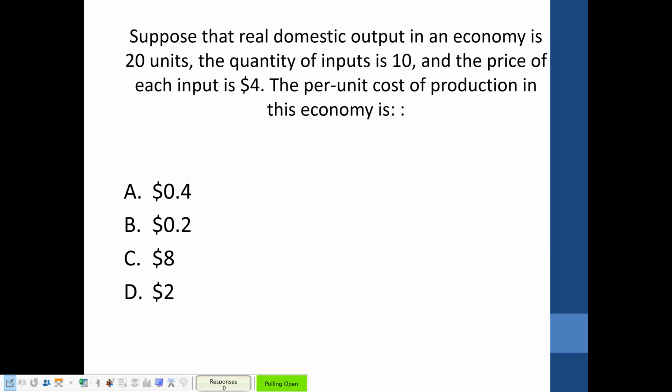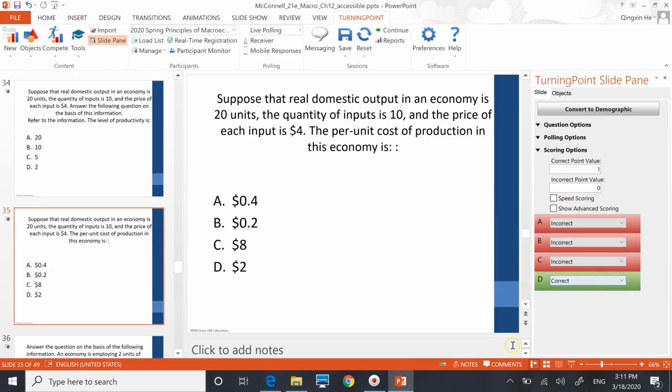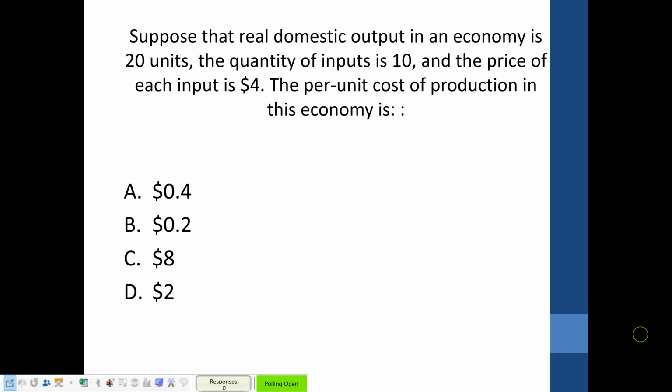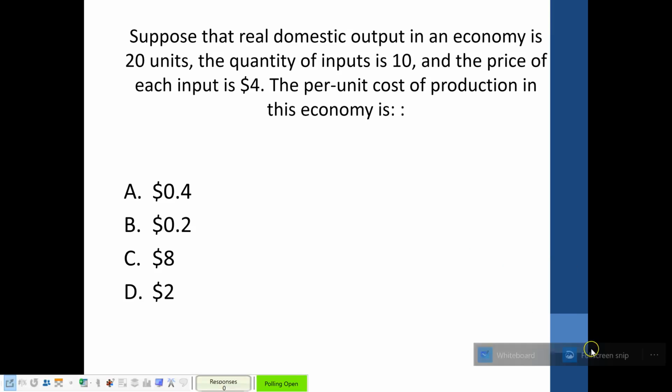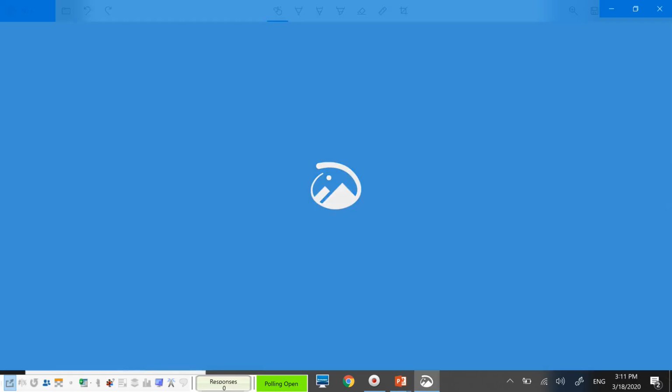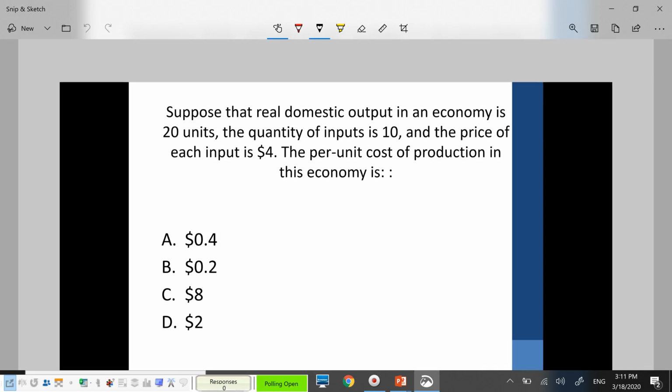This one, pause. And now let me explain. The answer to this one is option D. How to solve that one? We're using the formula. The per unit production cost formula is total production costs as numerator and the number of output.